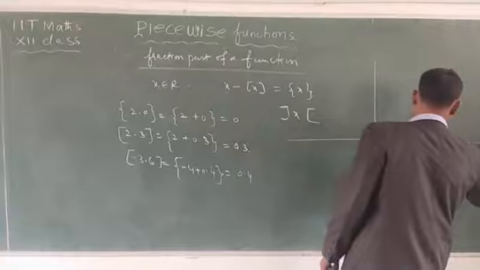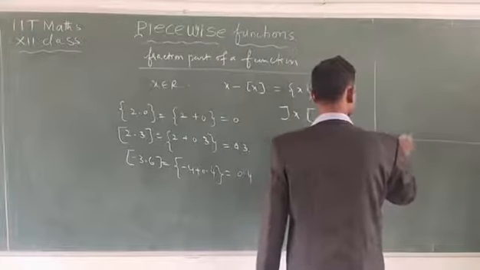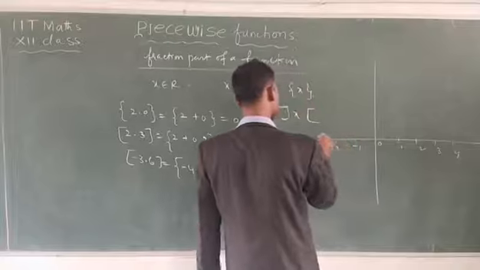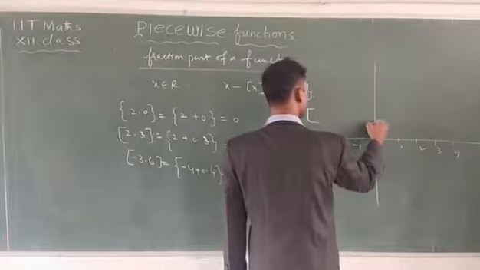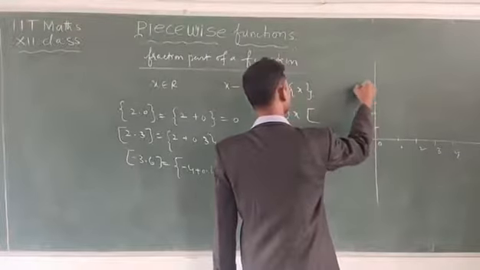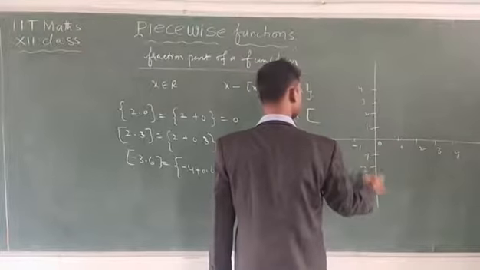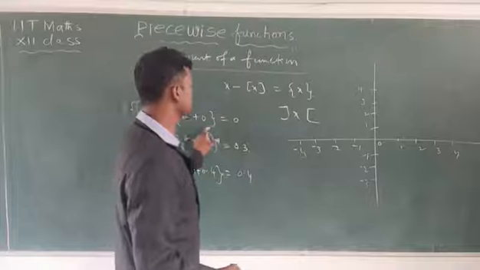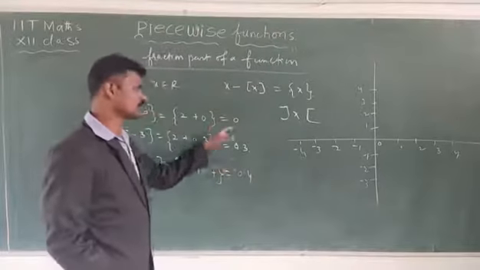See here, this is 0, 1, 2, 3, 4, minus 1, minus 2, minus 3, minus 4 on the x-axis, and 1, 2, 3, 4, minus 1, minus 2, minus 3 on the y-axis. Now see here, you can take any value, it lies between 0 and 1 only.